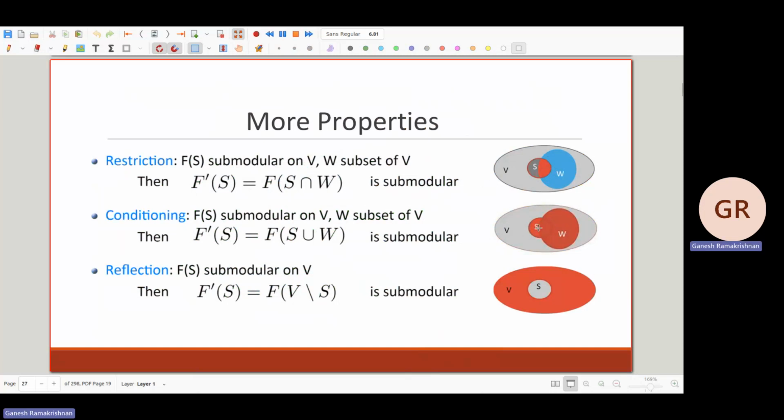Conditioning is like, okay, I have S, I have W. By default, I keep adding W to S. That maintains submodularity. And reflection is if I take S, I'm going to take the reflection, which means I'll take the f on the complement of S. That's also submodular. So in these cases, W is fixed. That's something to note. You can't keep changing W.